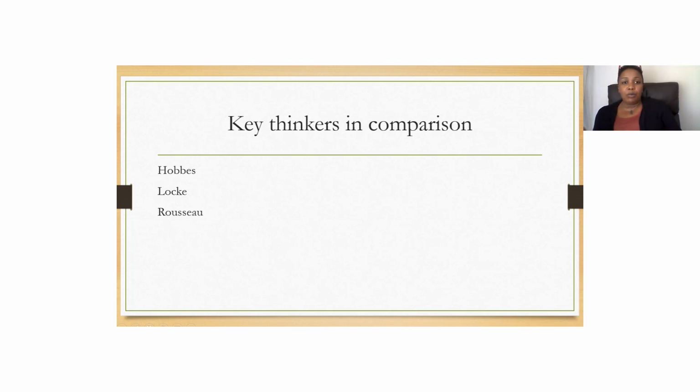Finally, we covered Rousseau. Rousseau gave us a little bit different perspective. He thought that in the state of nature, man was perfect, essentially pure and at their best, and that it's actually society itself, the development of society, that corrupted the pure man.